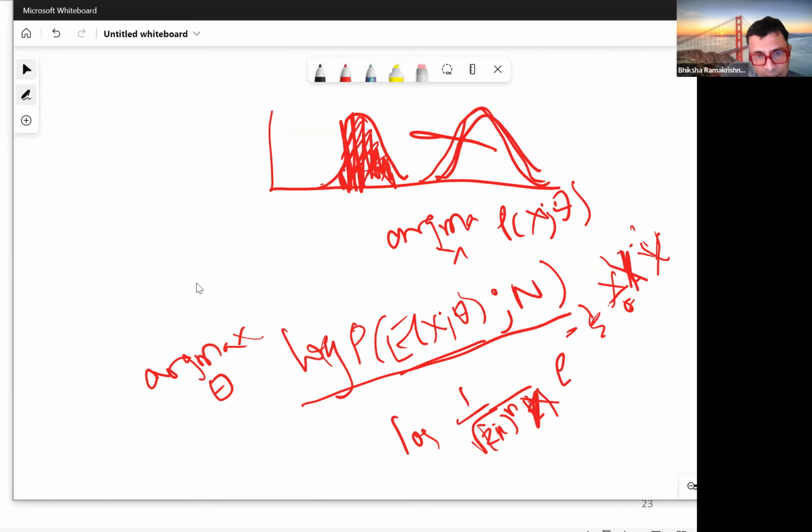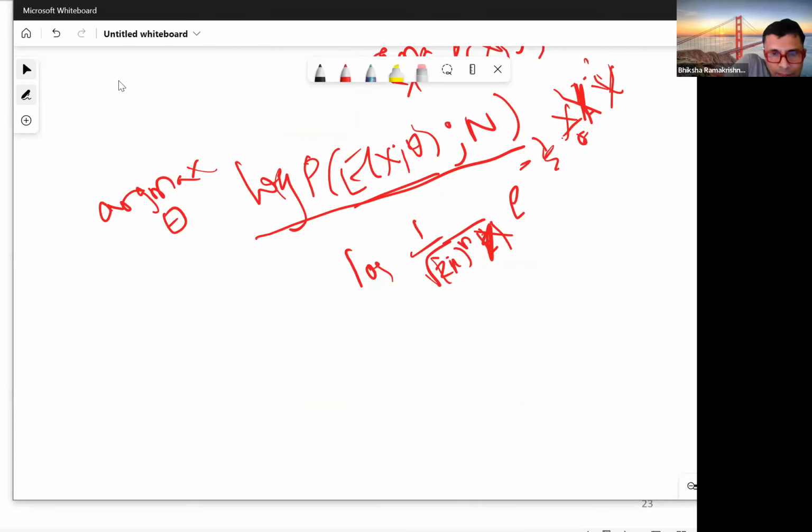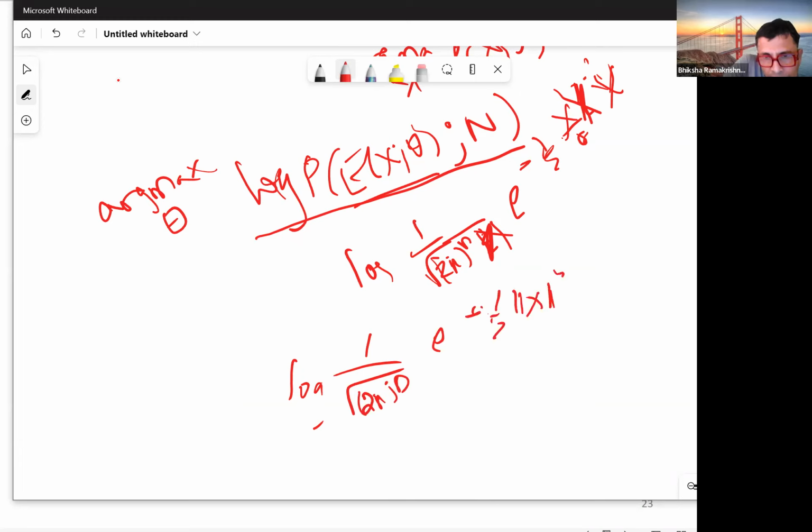So this simply becomes log of 1 over square root of 2 pi raised to the dimensionality of the data, e raised to minus half of norm of x squared. This is the probability distribution for a standard Gaussian.